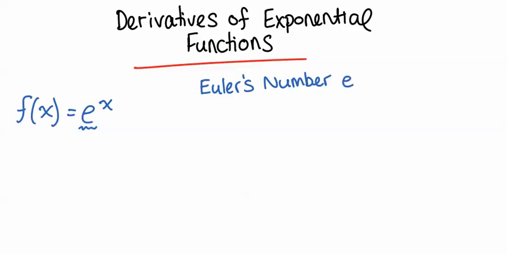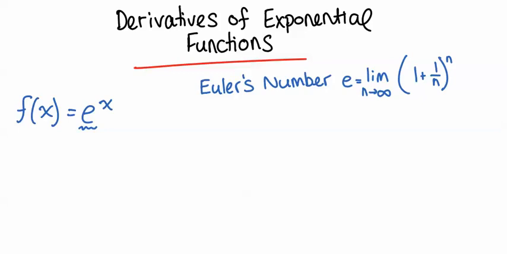And you can actually find the value of e by calculating the limit as n goes to infinity of 1 plus 1 over n to the power of n. As you sub in bigger and bigger numbers for n, so start with 1: 1 plus 1 over 1 to the power of 1 equals 2.